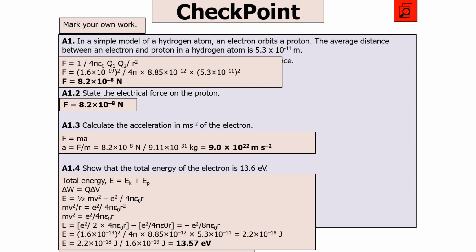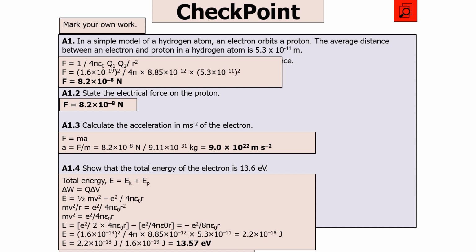So therefore the energy is going to be equal to the kinetic energy, a half mv squared, minus e squared over 4 pi epsilon 0 r, because that's going to be our electrical potential energy, because it's your field strength multiplied by another charge. You can then rearrange that and work it all the way through, as you can see on the screen, until E equals minus e squared over 8 pi epsilon 0 r.